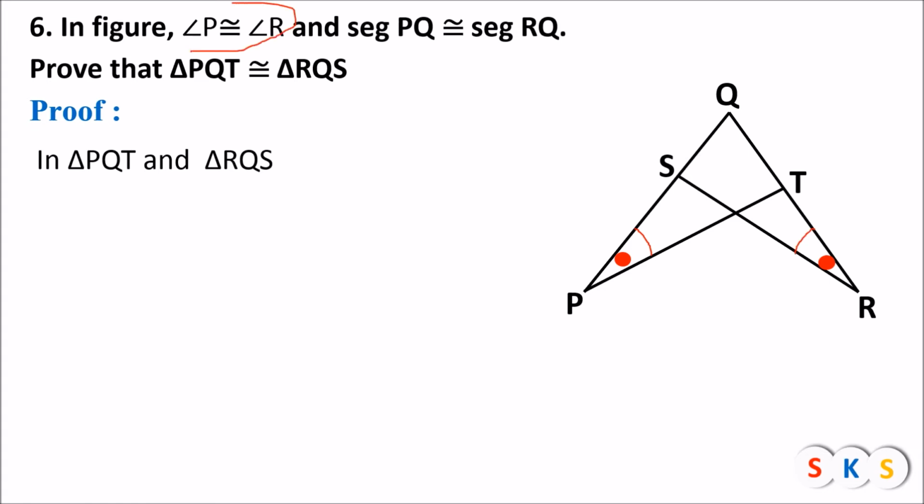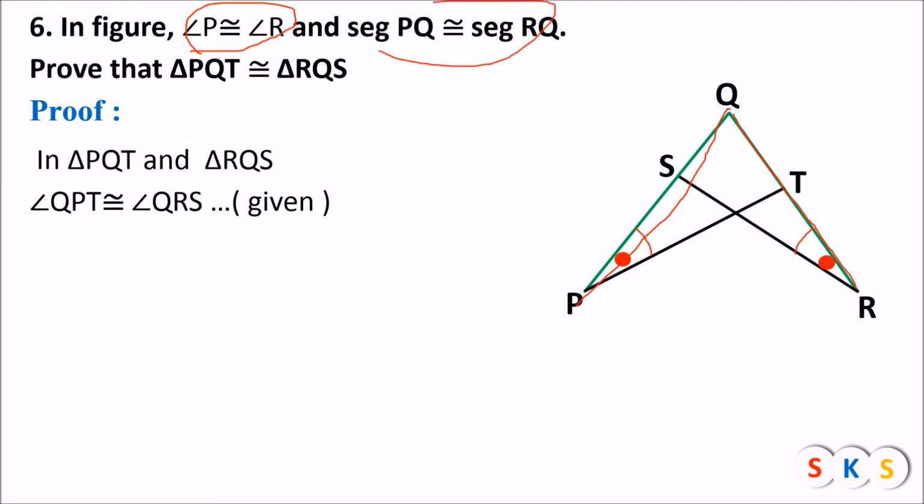Look at this figure. You can see here side QP is congruent to side QR. How did we come to know? Look at the given part. It's given that seg PQ is congruent to seg RQ. Now look at this figure. Here angle PQT is congruent to angle RQS.